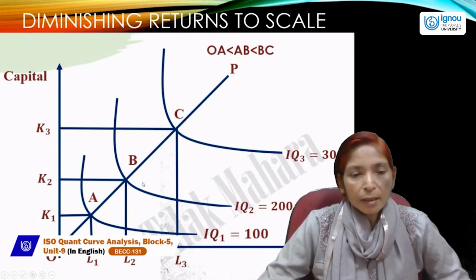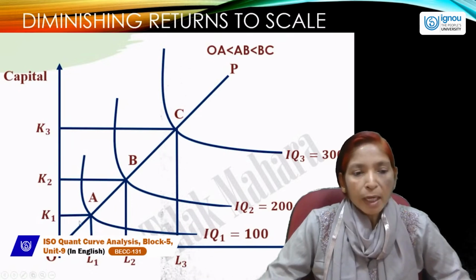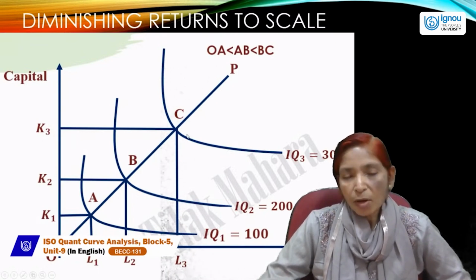Now here it is clear that OA is less than AB, and AB is less than BC. It means the gap in between these isoquant curves is increasing but we are getting the same level of output.